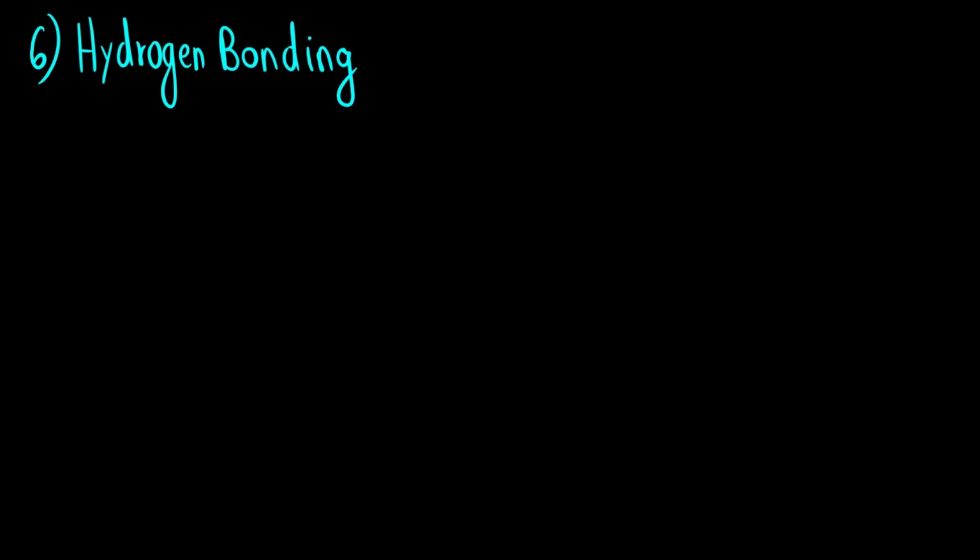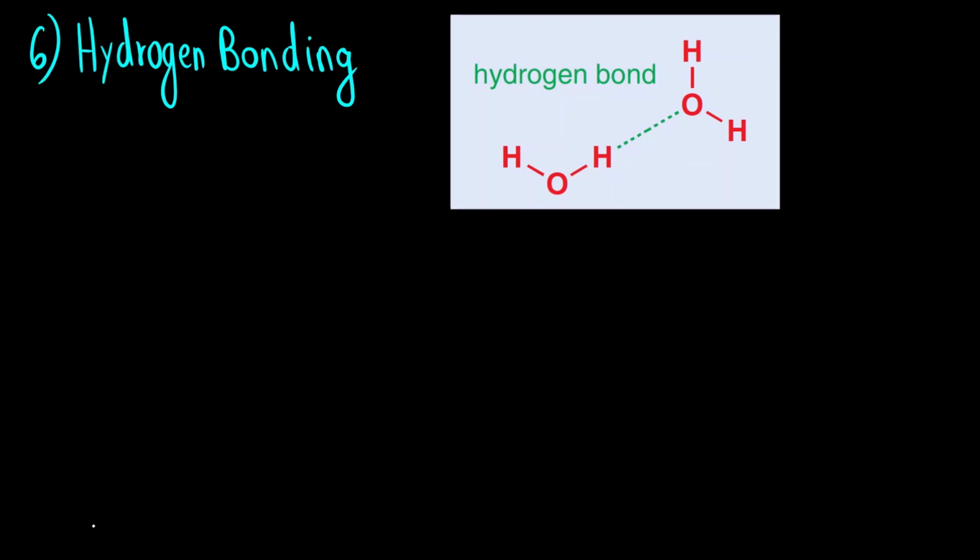So this was the fifth factor, and the last very important factor is hydrogen bonding. First of all, let us understand what exactly hydrogen bonding is. It is a bond formed between hydrogen, which is less electronegative, and another more electronegative atom. This will be delta plus, this will be delta minus. This is the more electronegative atom having a lone pair that can interact.